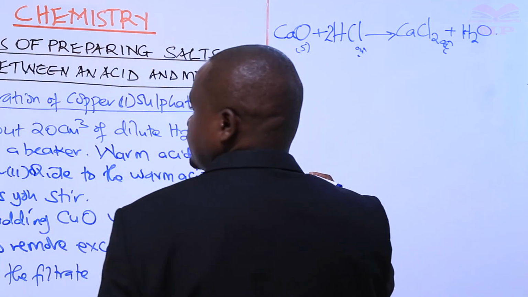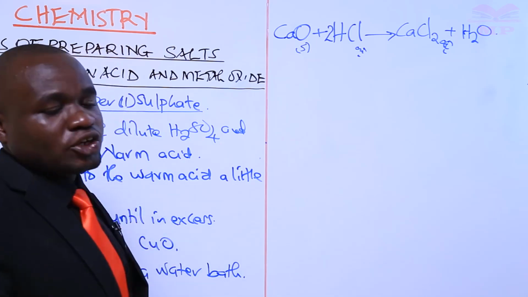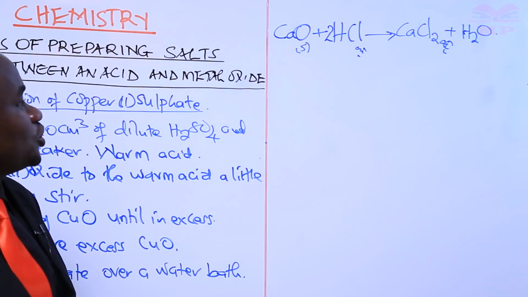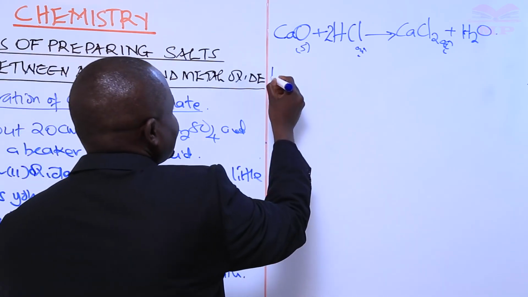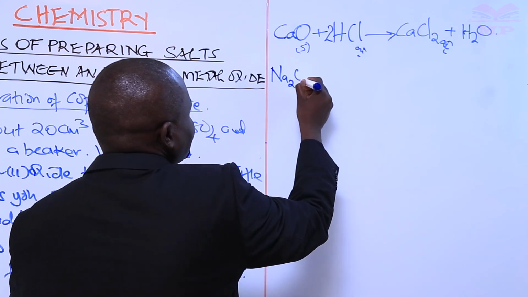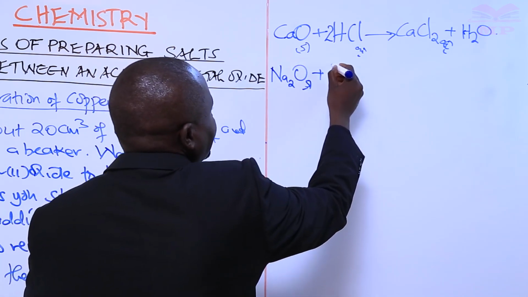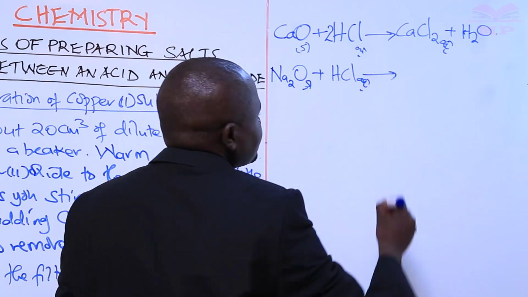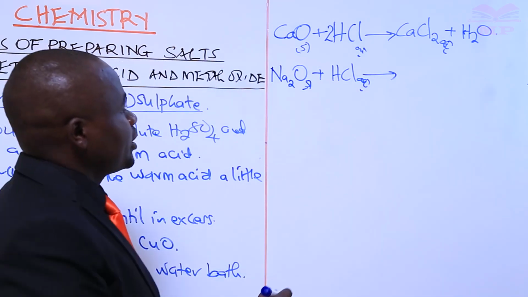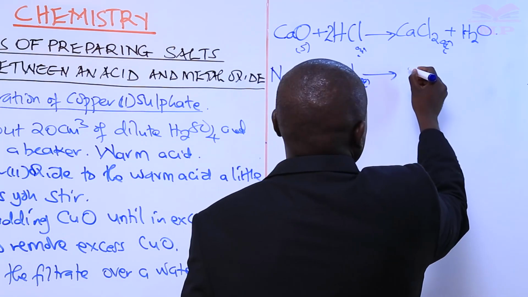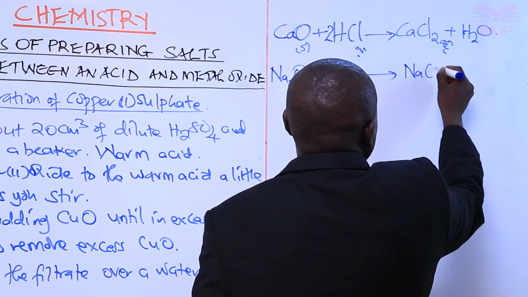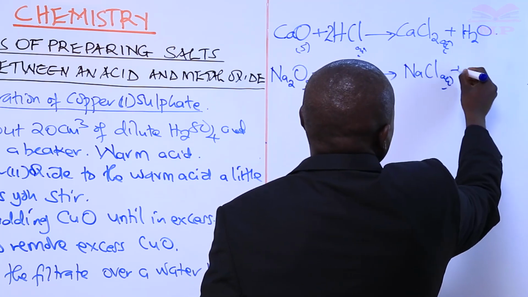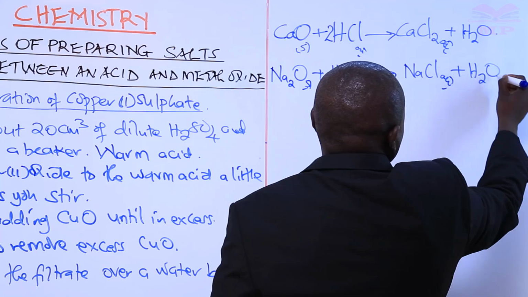The other salt is sodium chloride. We can obtain sodium chloride by reaction between sodium oxide and hydrochloric acid. This will still give you sodium chloride. So the reaction takes place. We get sodium chloride and water.